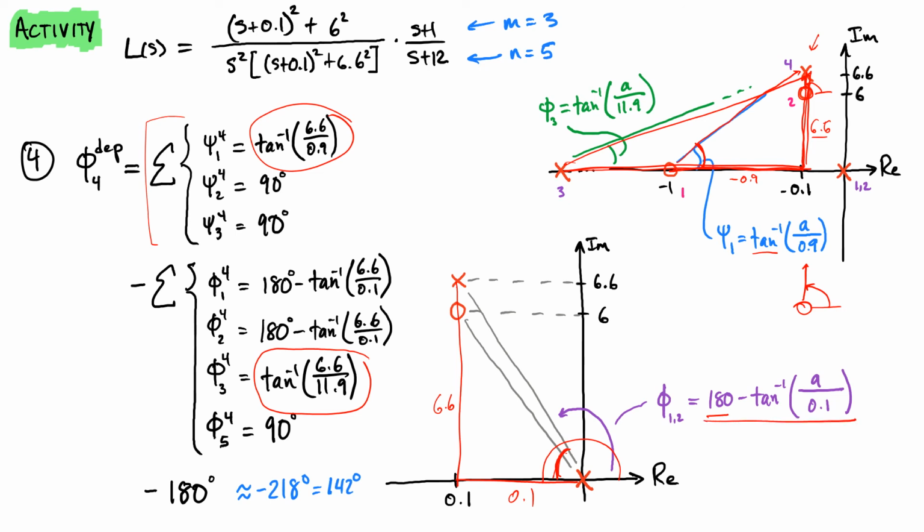Again, we just get this value, and that's where we get these two terms, because we have 2 of those poles. We also have the pole that's down here, its complex conjugate, and it also looks up at an angle of 90 degrees, which is where that comes from.